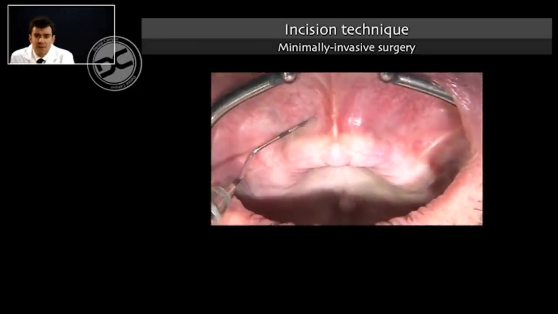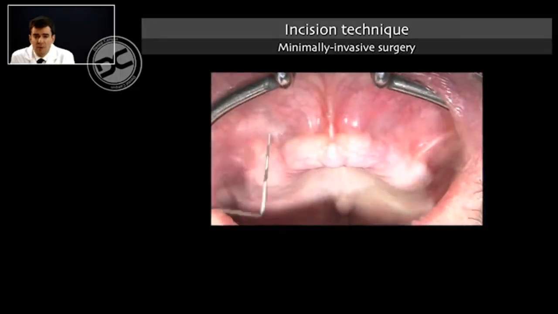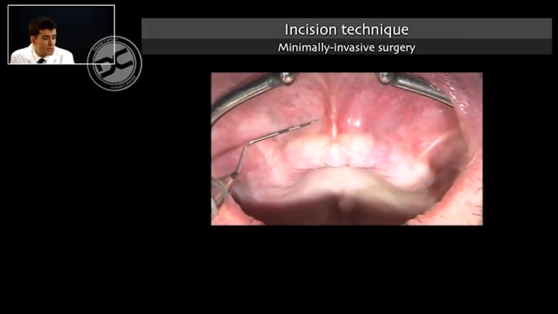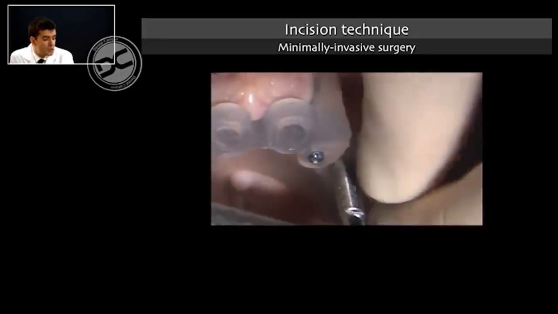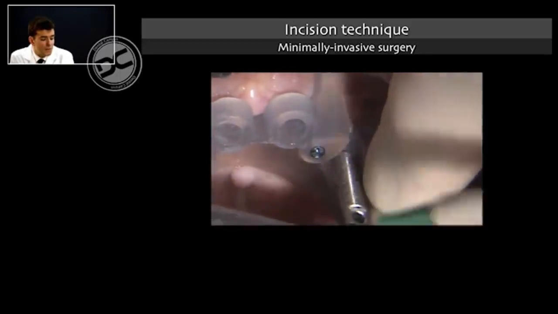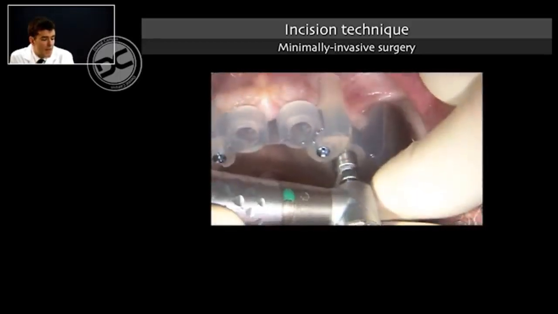Now, by using the principle of the static guided procedure, in this case, we use a 3D printed guide and we use a guided tissue punch to remove the keratinized mucosa and to gain access to the bone.